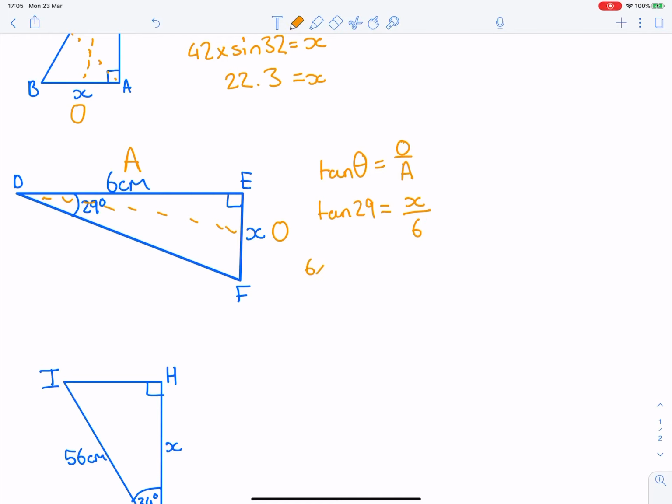So 6 times tan 29 equals x. Type that into a calculator, close your bracket after you've typed it in, and to one decimal place you get 3.3 centimetres. That is x. There we go.